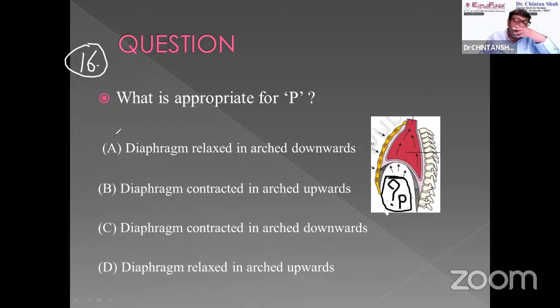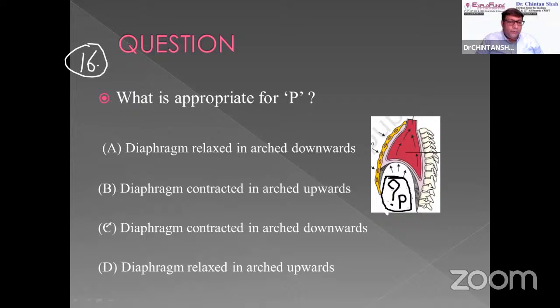Pranali also believes the same. Very good. Damya is also believing the same. Okay, so that's perfect.